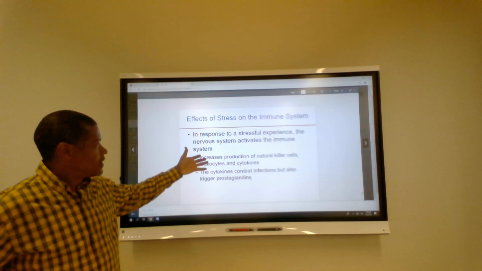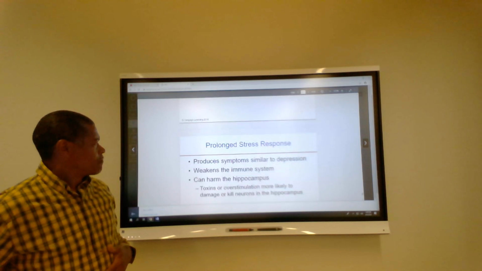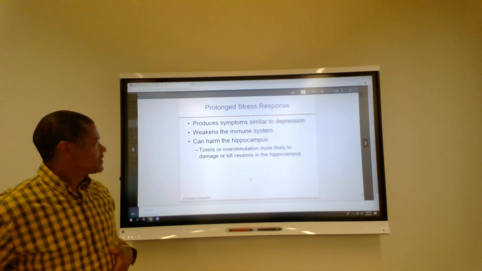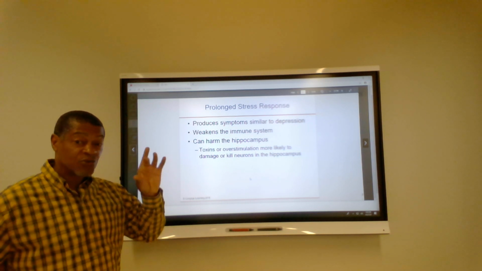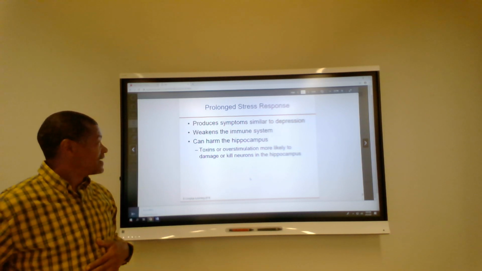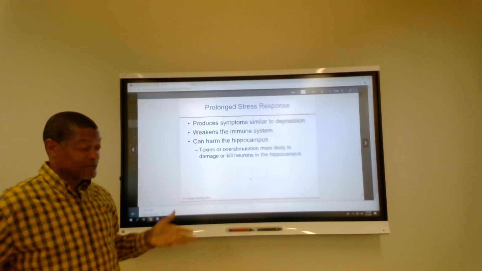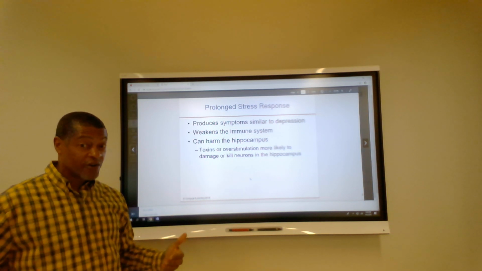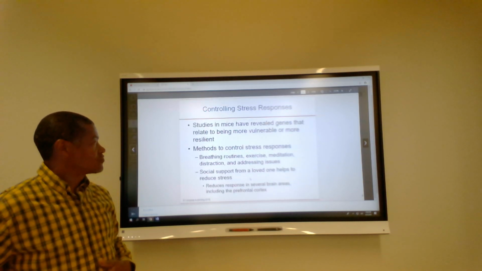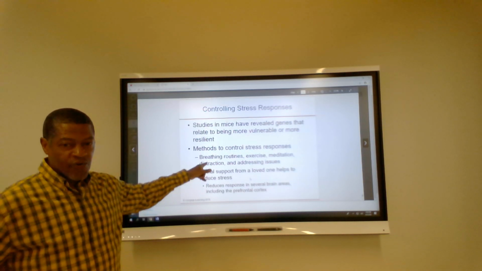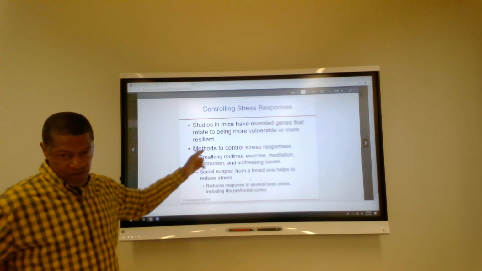So again, as we conclude here, prolonged stress can be problematic. It can reduce your immune system from working properly. It can also reduce the hippocampus, having an impact on remembering what you should be worried about and not worried about. So you must control your stress. Breathe properly. Here are some mechanisms you can use. Please read up on that.